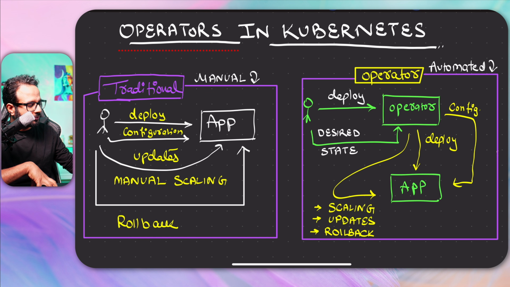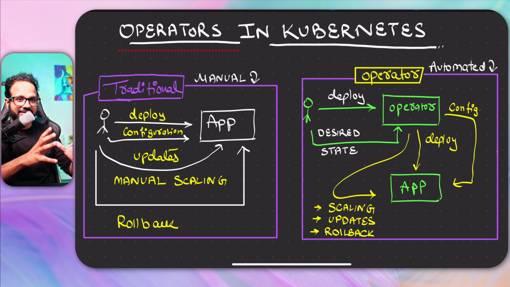Now, how do you do that with operator? Okay, so as a DevOps engineer, you deploy the operator. You don't deploy the application directly, you deploy the operator. You define the desired state in the operator configuration. Like, this is what the operator is all about.